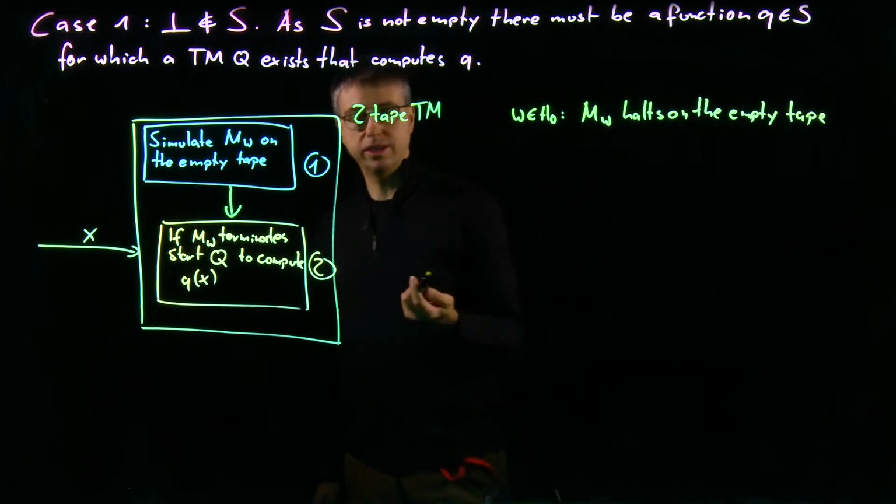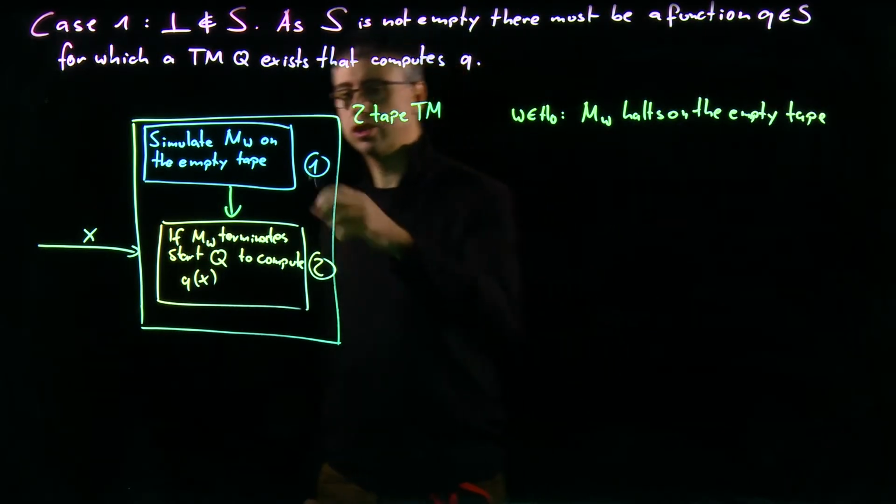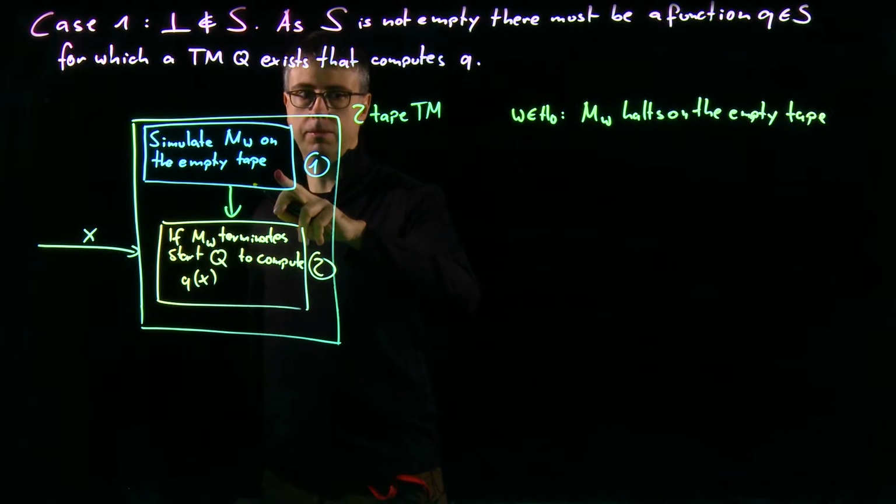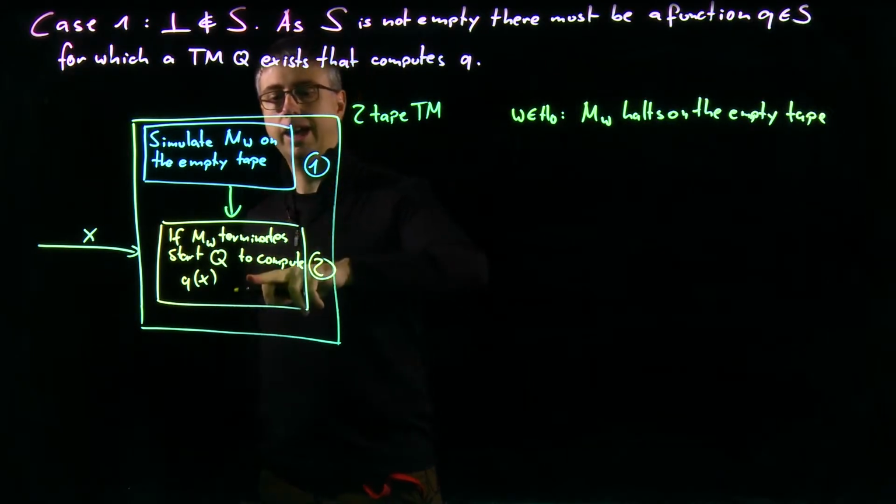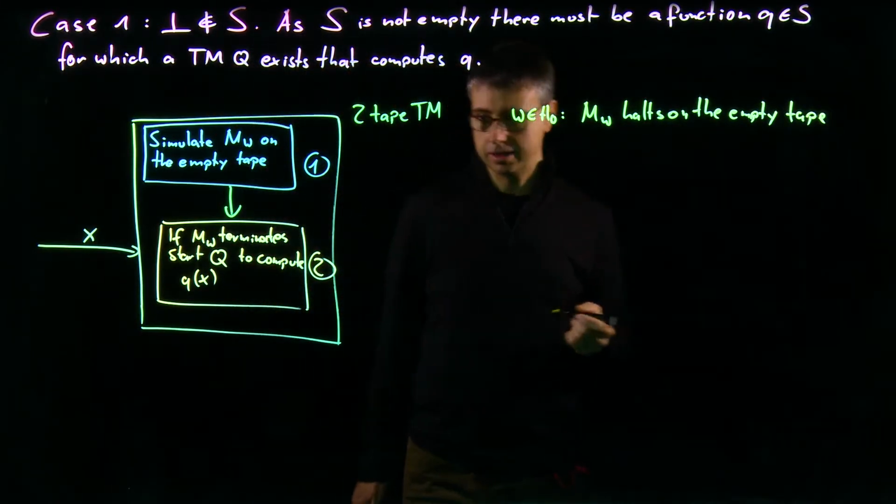If M_W halts on the empty tape, this means that eventually the first step stops and eventually Q is started.